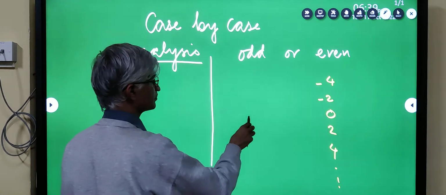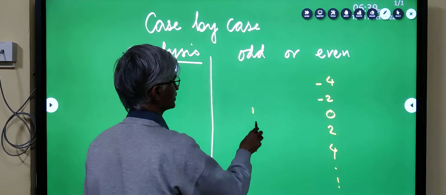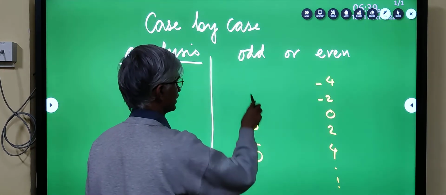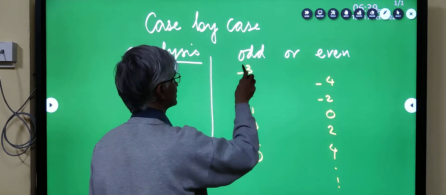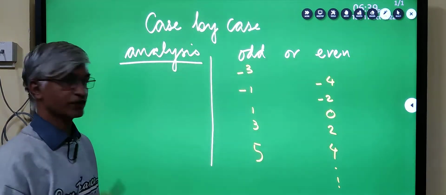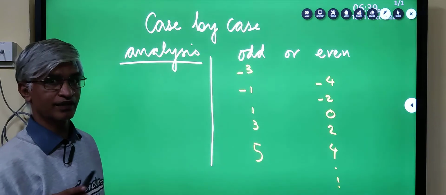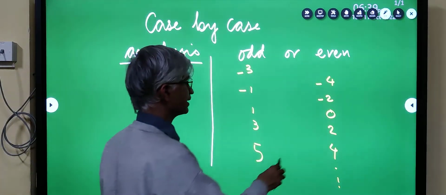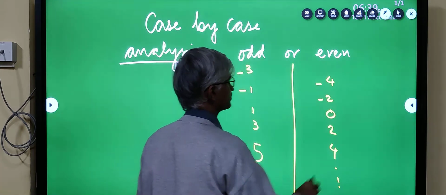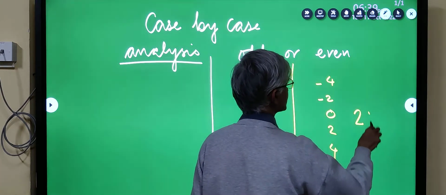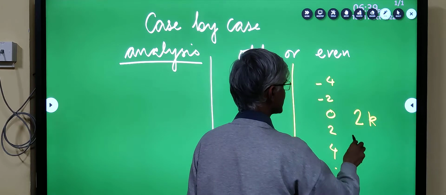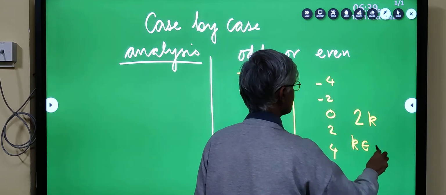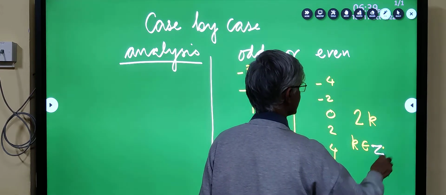As far as the odd numbers are concerned, you have 1, 3, 5, and then -1, -3, and so on. What is very easy, and I'm just going slow on this rather well-known idea, is to understand that the even numbers can be represented as 2 times k, where k belongs to the integers.